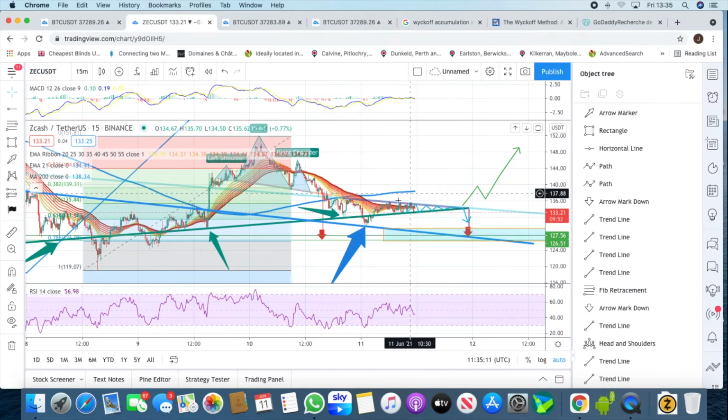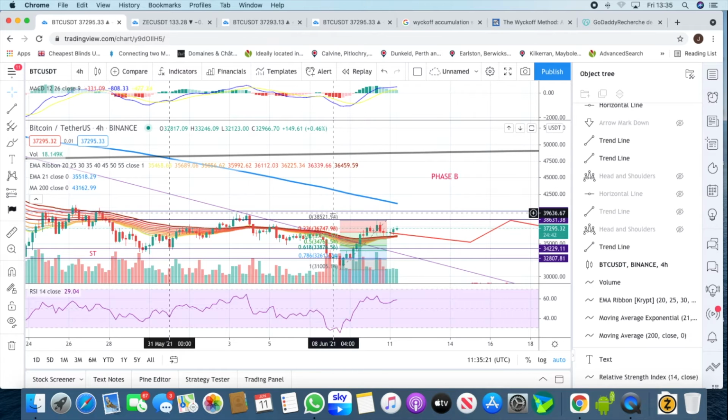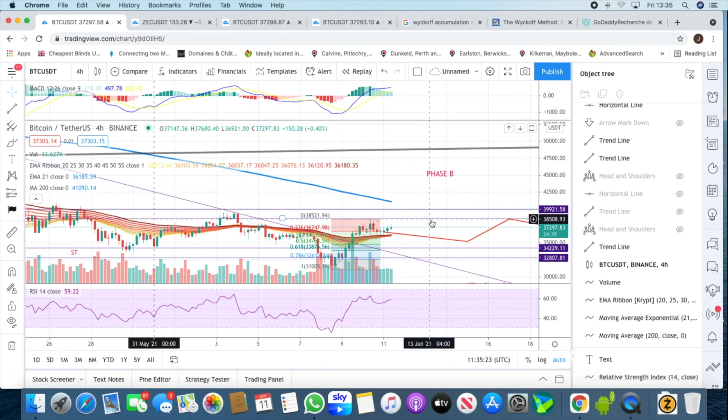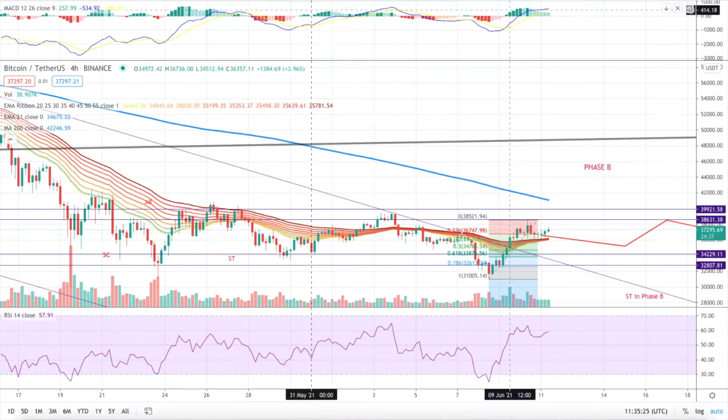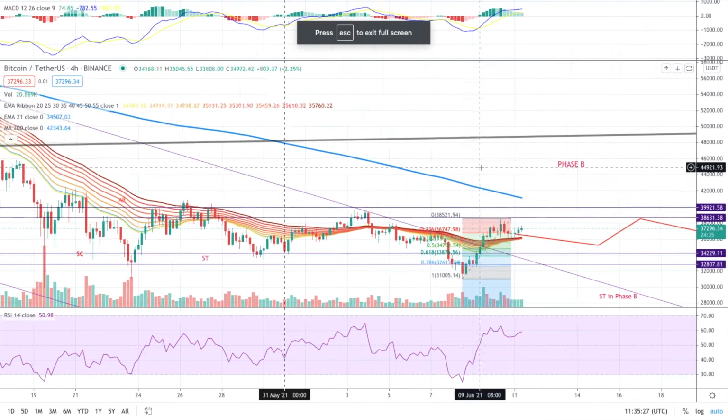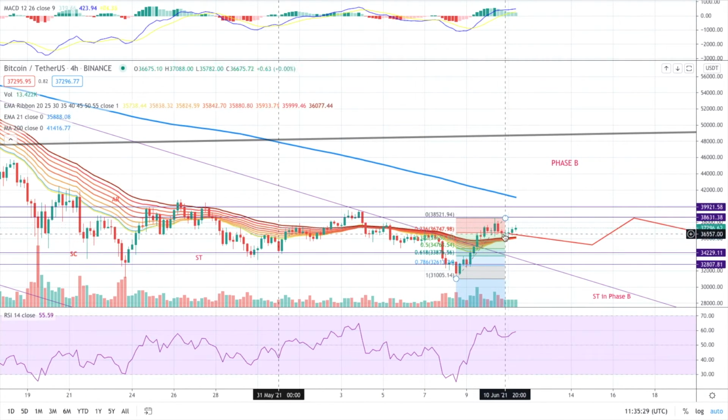Now, the reason we had this huge bounce here, we can look at the bigger picture, and the reason we had this happen is because at the time, Bitcoin, this is the Bitcoin 4-hour chart, was pulling back from its recent highs, and it was pulling back down to test the 4-hour EMA ribbon where it took a bounce.